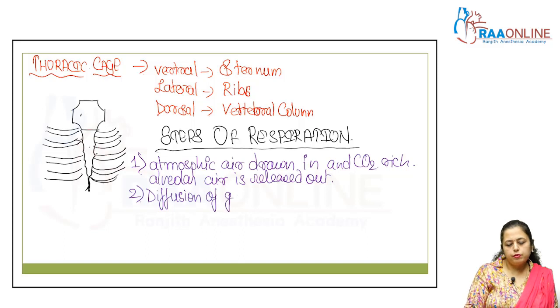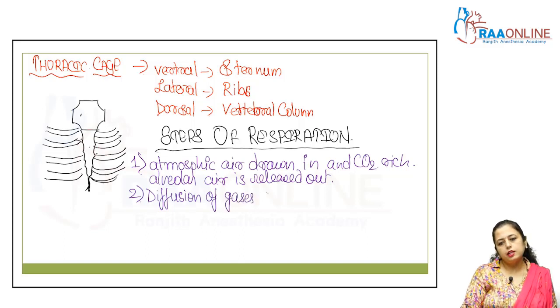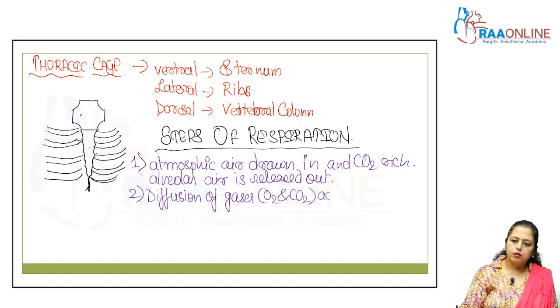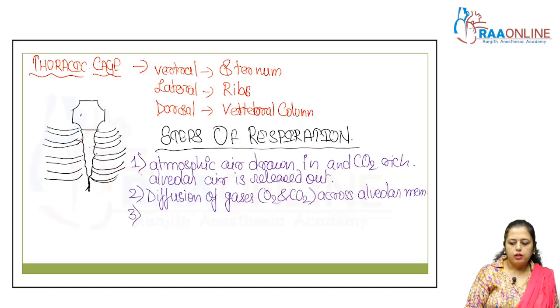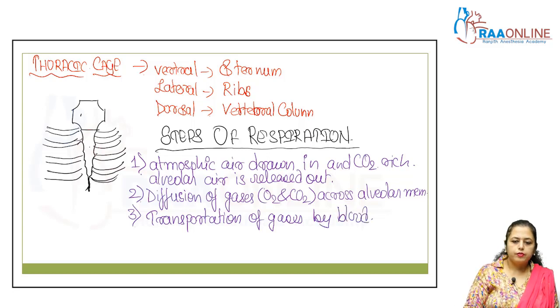Second is diffusion of gases, that is oxygen and carbon dioxide, across the alveolar membrane. The third one is the transportation of gases by blood, right?